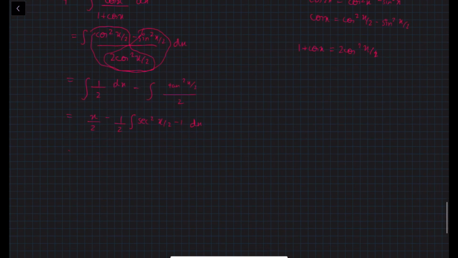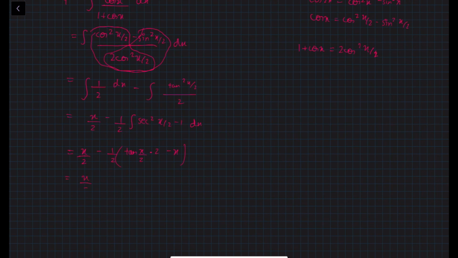And again we can integrate, and with the inverse chain rule, that's going to be 2 minus x. And right, so that's like this.